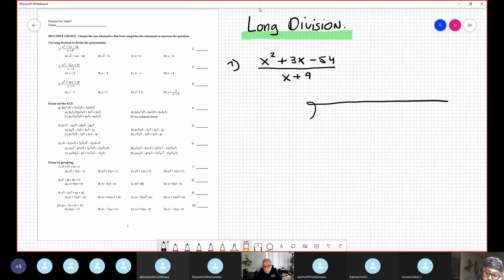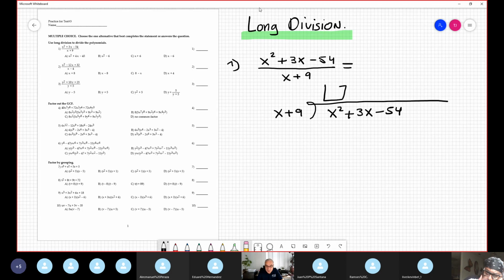You open the symbol, x squared plus 3x minus 54 is the top part, let's call it the dividend, and the bottom part is the divisor, you put it here. Little by little you perform the division, and the answer you put here in the quotient part. Okay, so now we start piece by piece.